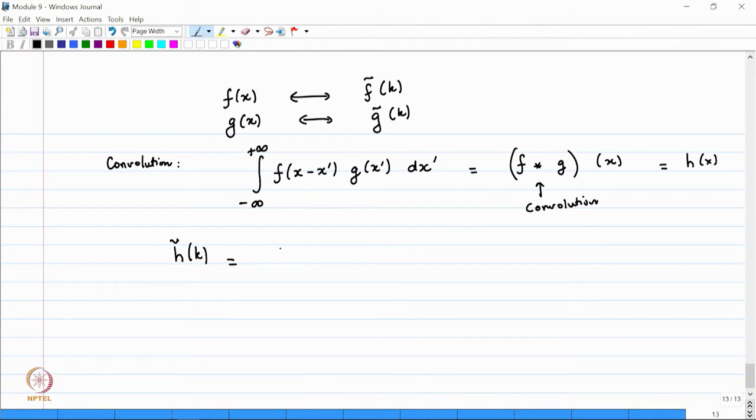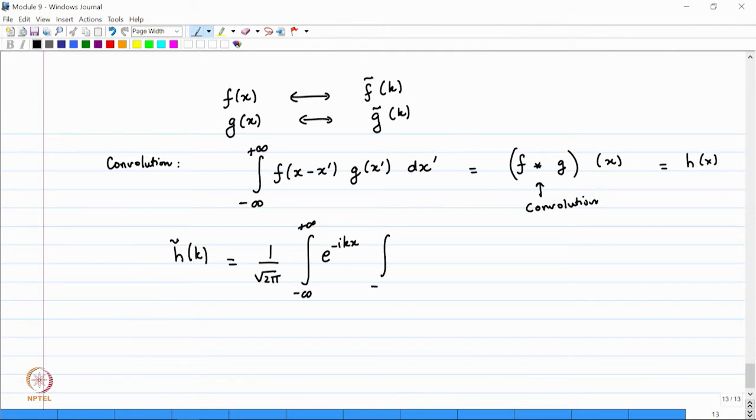Now, if you just go ahead and do the integral, what you will get is 1 over square root of 2 pi, and what you have is integral of h of x into e to the minus i k x. Now, for h of x I have f star g, and for f star g I will put this integral.